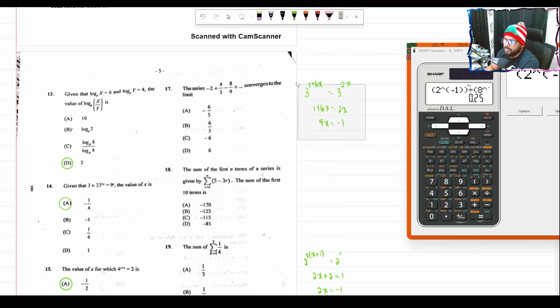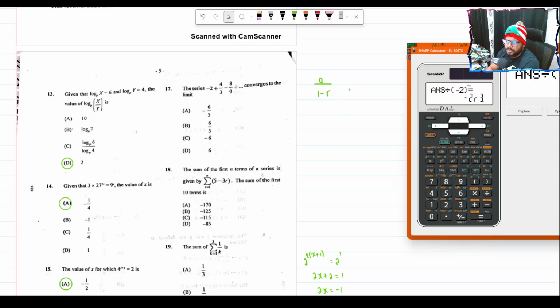This series converges to, we don't need this no more. When we converge, we calculate the sum to infinity, which is a over 1 minus r, as long as the modulus of r is less than 1. So 4 over 3 divided by negative 2. That is negative 2/3.